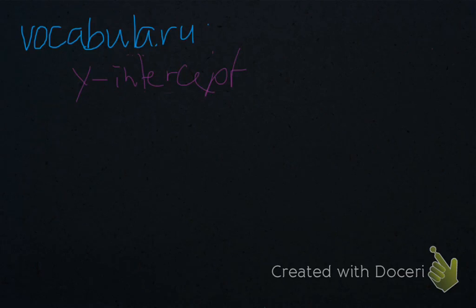Then the last vocabulary term is y-intercept. You should be familiar with this, but again, it's just the point on the parabola that crosses the y-axis. So again, you should write that in words, but I will draw a picture.